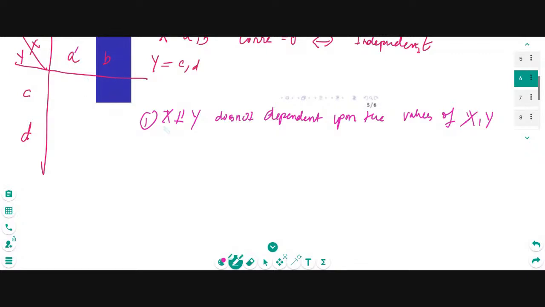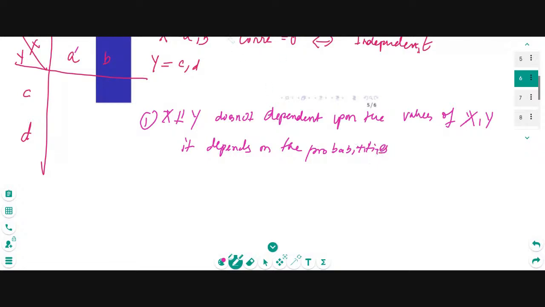It just depends upon the probabilities. This is the first observation.